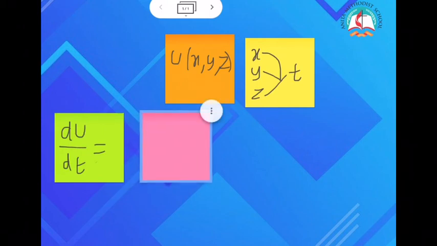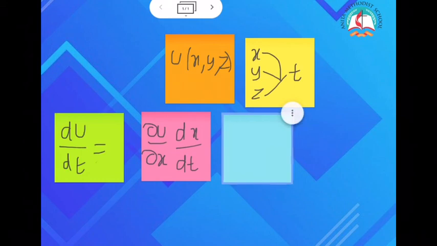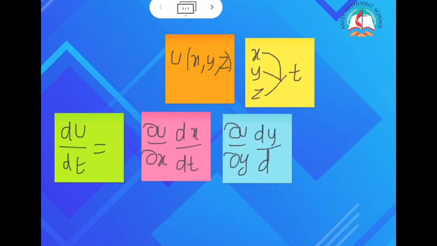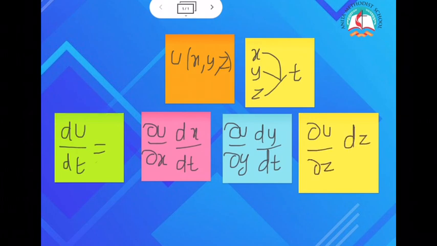We have x. Therefore, my u is partially differentiated with respect to x, but x is a function of t. So dx by dt. Then, what is the second one? The second one is y. So dou u by dou y. Y is a function of t. So dy by dt. What is the third one? Now the third one is with respect to z. So dou u by dou z into dz by dt.